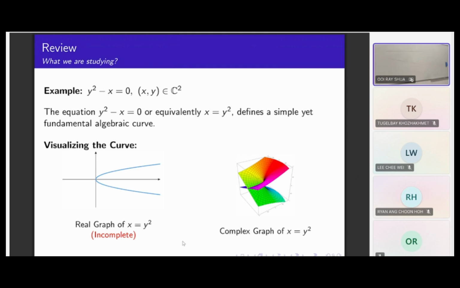So in reality, it's way more complex, a bit more hippie. But that's just what we need to keep in mind: what we're actually working over is the complex numbers. To aid our understanding, we can first look at the real graph to get a gist of what's happening. So that's a review of what happened before.